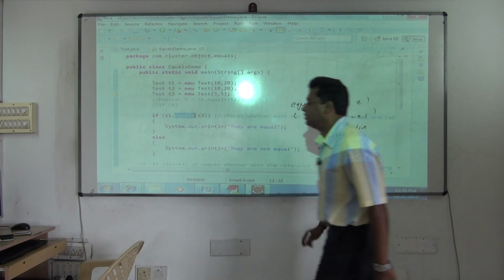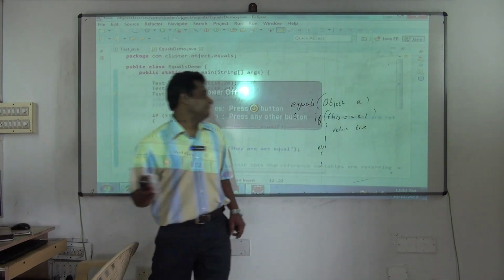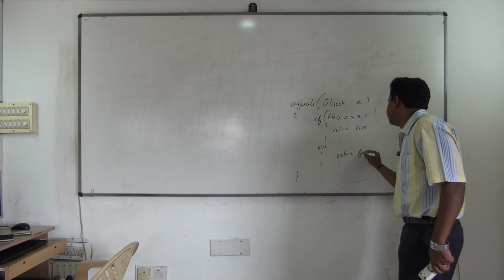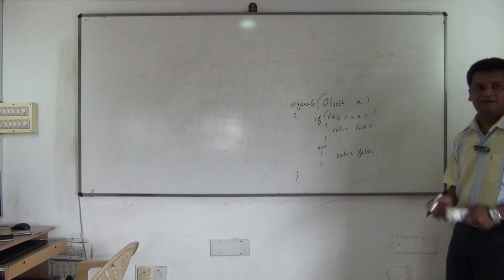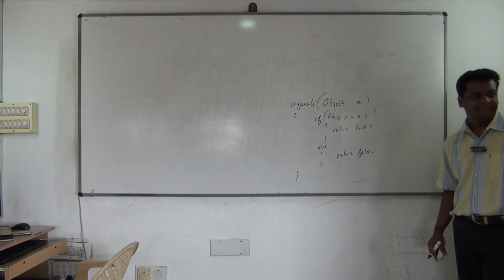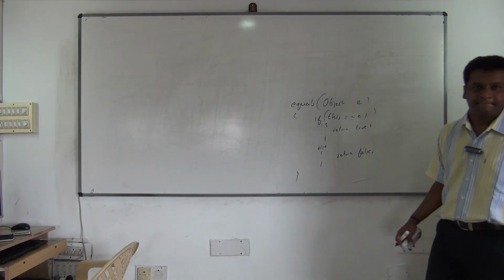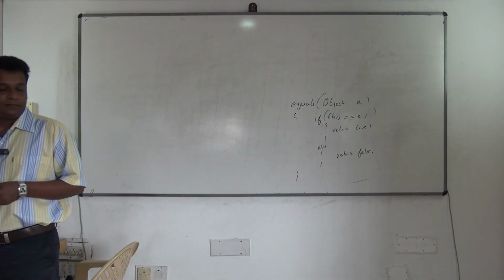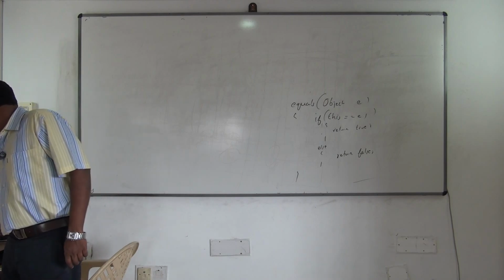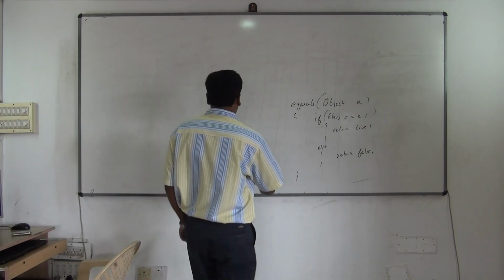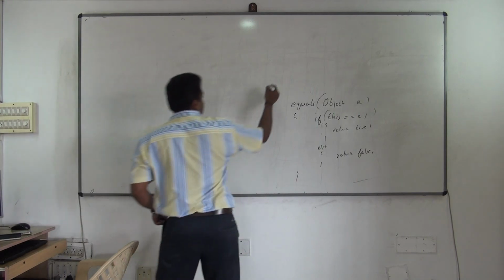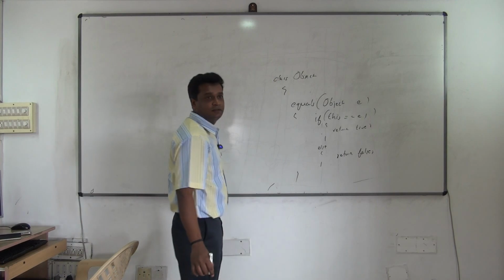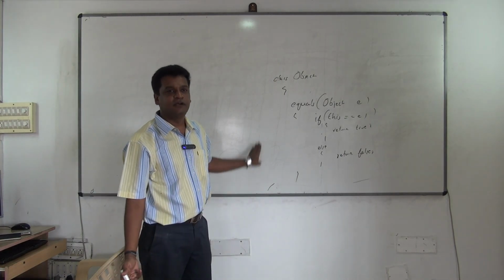Else, return false. This is the default implementation in class object. Very simple, 2 lines of code they have written. So it will be checking the reference. See, in class object they have written it like this. Equals is a member of class object. So if you don't override, which method gets executed? The superclass method.